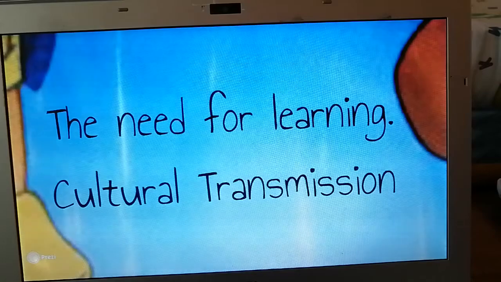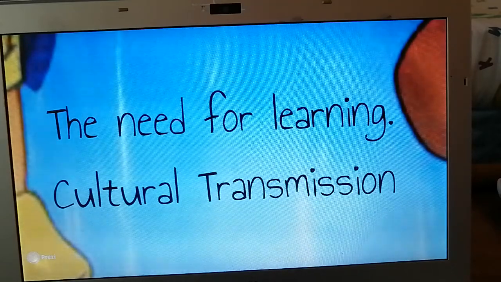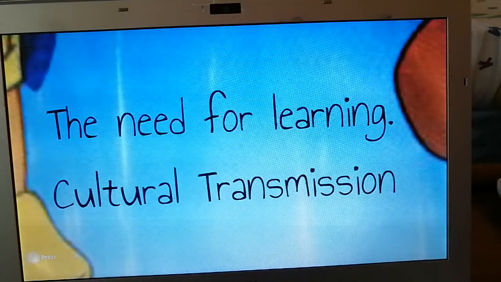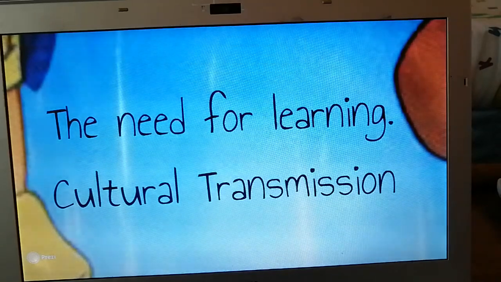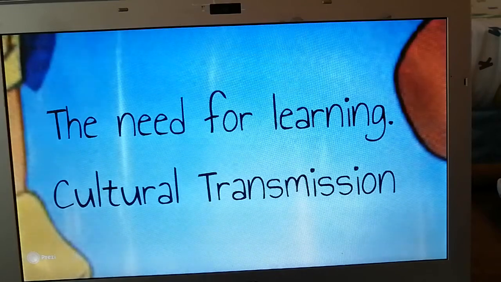Or horses, when they are born, after a few minutes or hours they start walking. That capacity, that skill is innate in them. While human beings, we need to learn. Someone needs to teach us. If we do not get taught, then we don't learn.